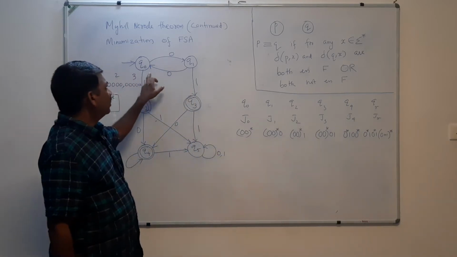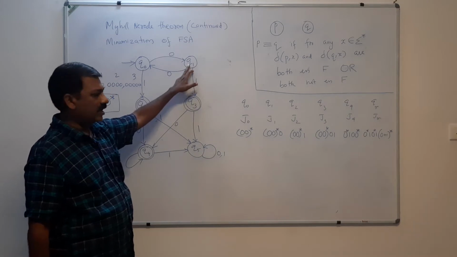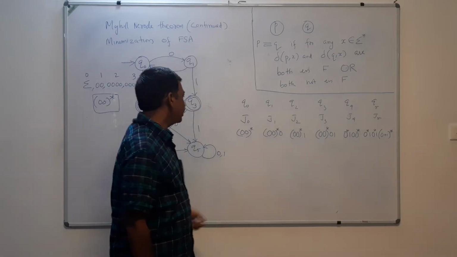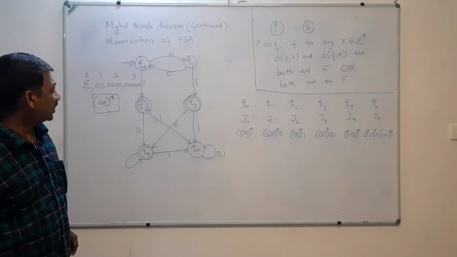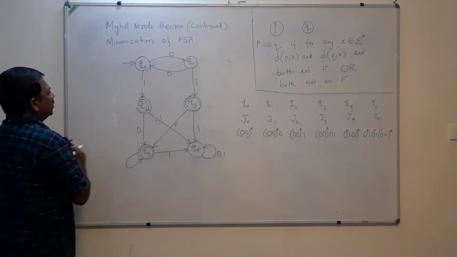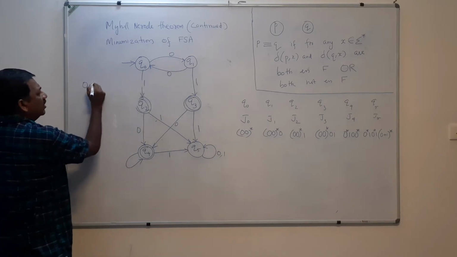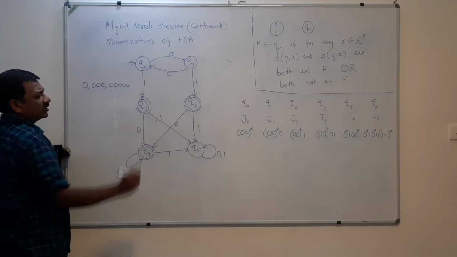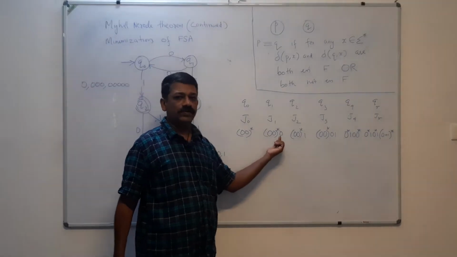Now, J1 is an odd number of zeros. That means (0 0) star followed by another 0. The minimal length string accepted here is a simple 0, and you also reach here with 3 zeros, 5 zeros, 7 zeros, etc. That is represented by (0 0) star 0.